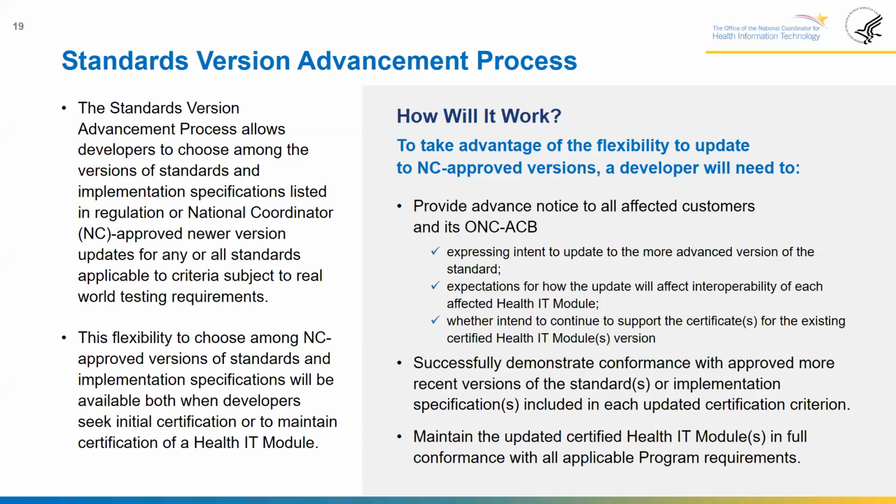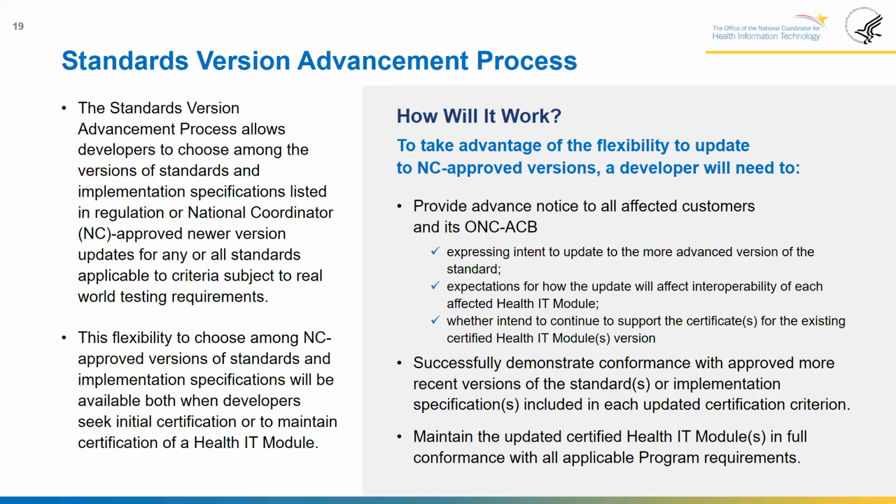And the way you will do that is you will provide notice to all of the end users of your product and to your ACB about your intent to update to the more advanced version of that standard. Clarify any expectations about how that's going to affect the certified health IT module, and then also let people know about the continued support for existing versions of the standard.